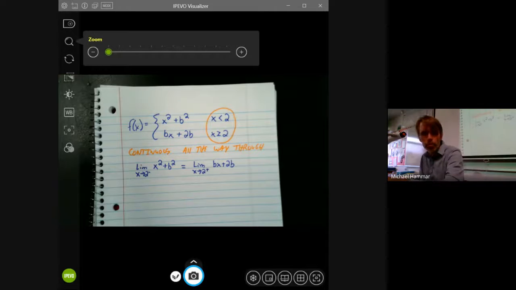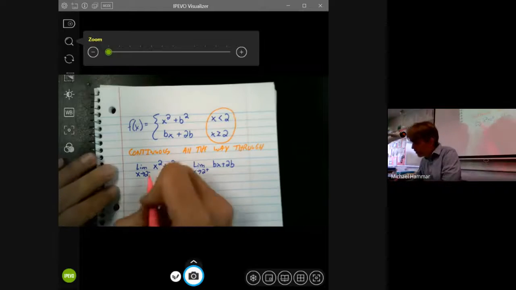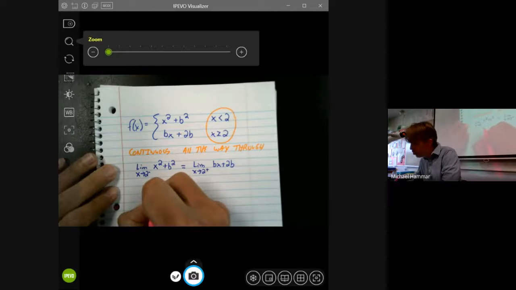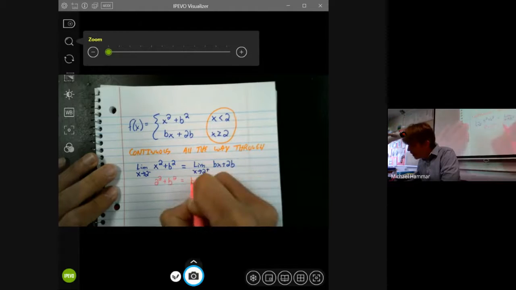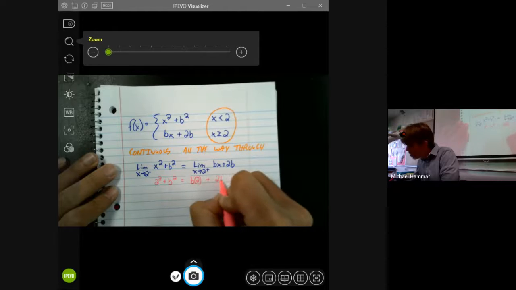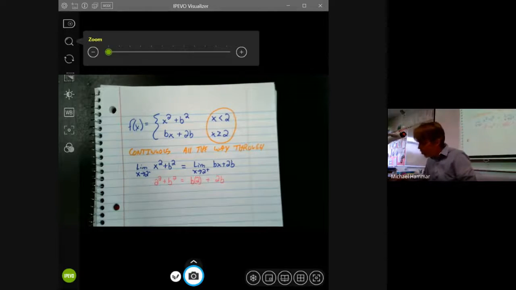Once they're equal to each other, now we have to do direct substitution. So let's substitute 2 in for all of the x's. And then we have b times 2 plus 2b. Notice what happened when we substituted that in. We now have an equation that is probably going to be a quadratic.